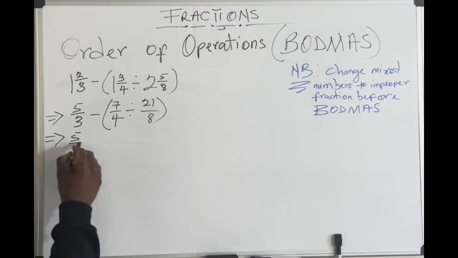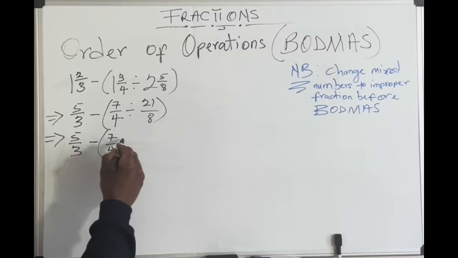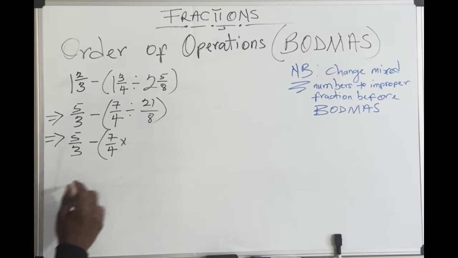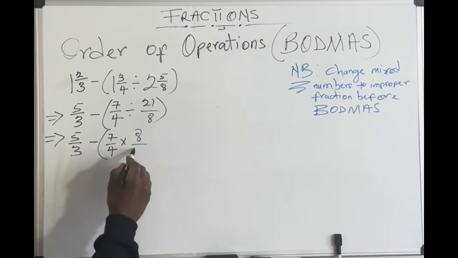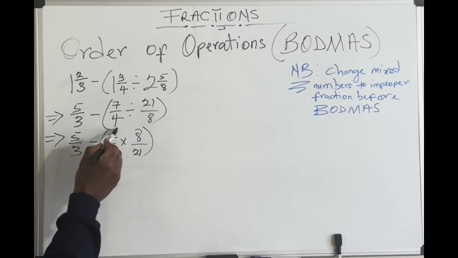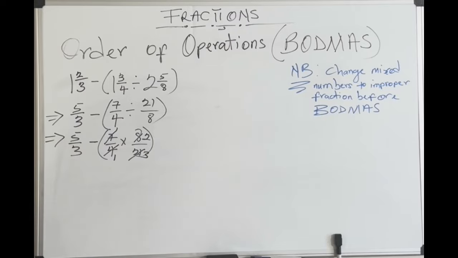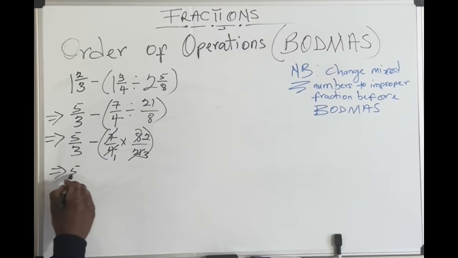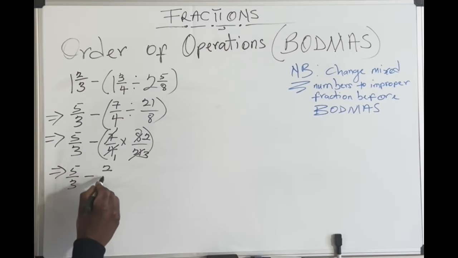So 5 over 3 minus 7 over 4 times, we are changing the division to multiplication, so the denominator 8 will come up and then 21 down, so that we can do any cancellation. So 7 goes here, 1 goes here, 3. 4 goes here, 1 goes here, 2. So we have 5 over 3 minus 1 times 2 is 2 over 1 times 3 is 3.